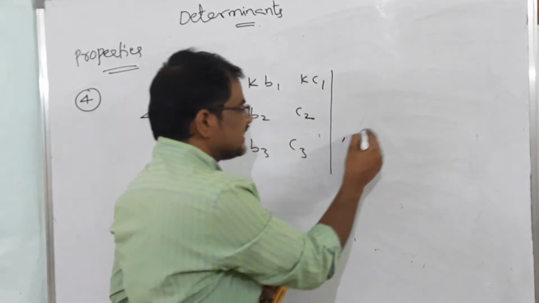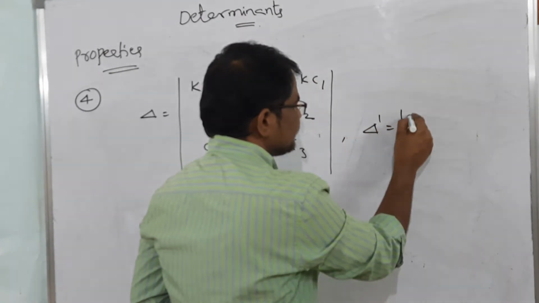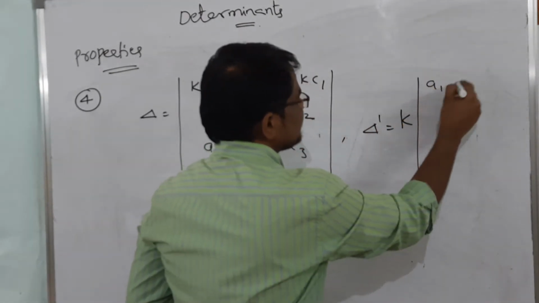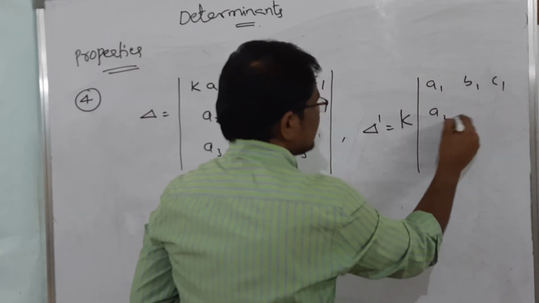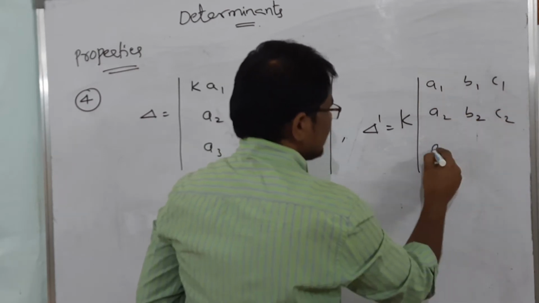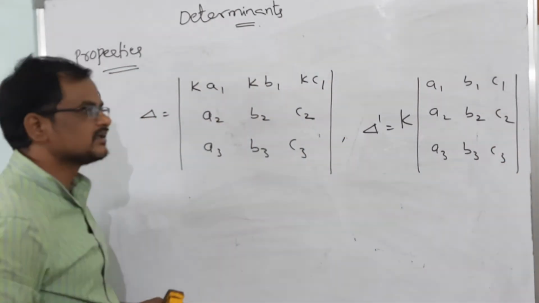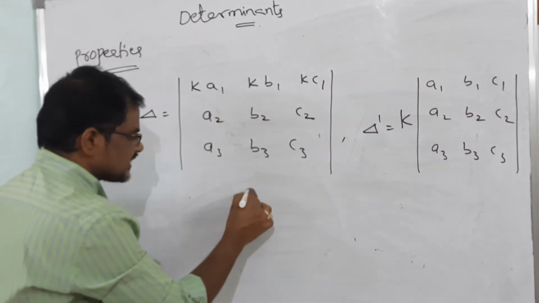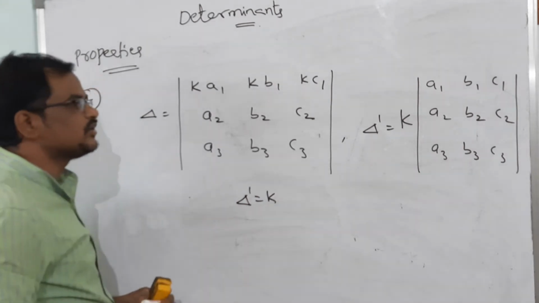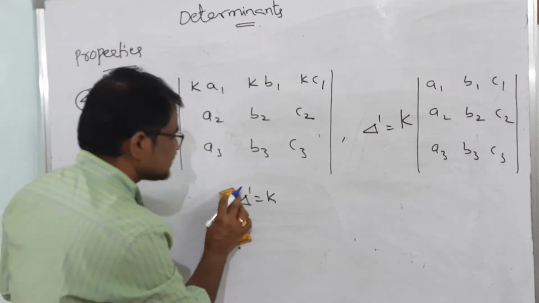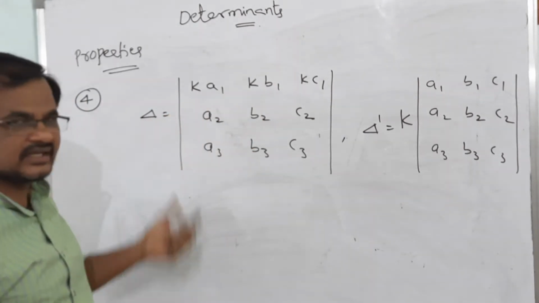So delta dash equal to, if you take k common from the first row, k into A1, B1, C1, A2, B2, C2 and A3, B3, C3, you will get. Means delta dash equal to k into delta. Like this you will get. Only a simple thing here, see.